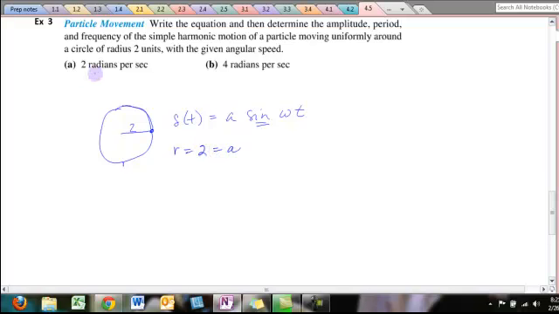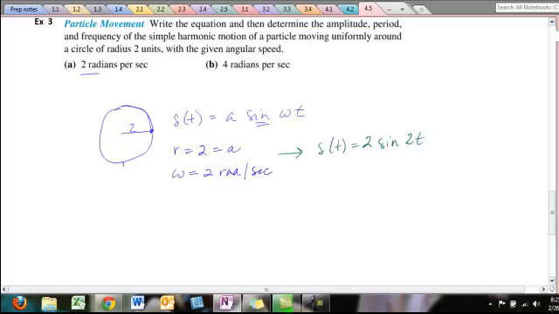Okay? And then we're given what the angular speed is. That's 2 radians per second. So we can come up with the equation that says s(t) is equal to 2 sine 2t. Okay, so there we determined the equation.